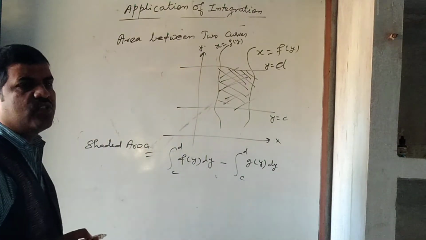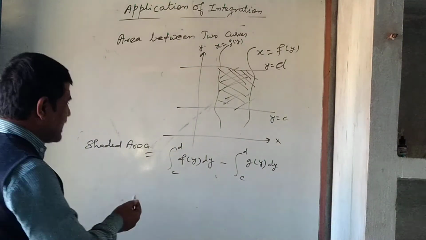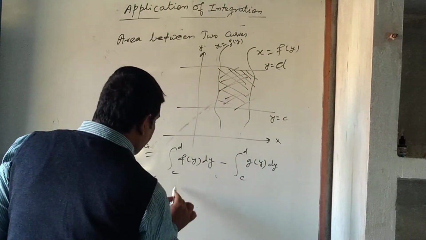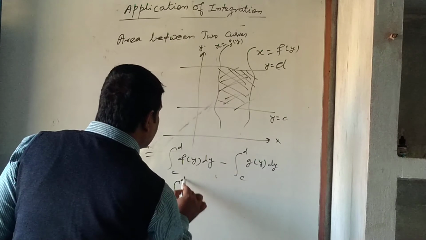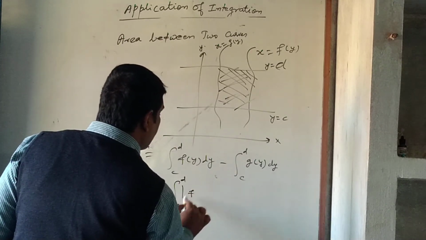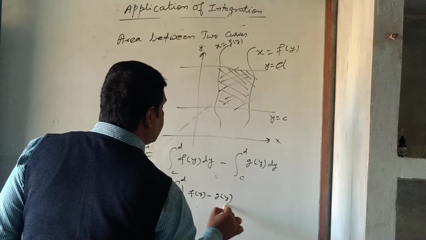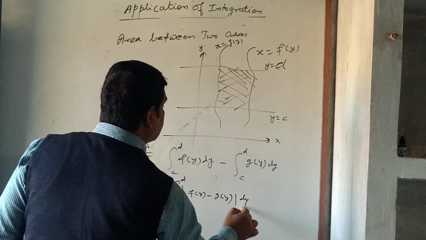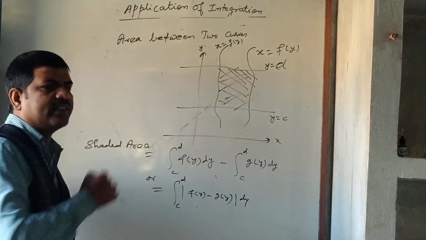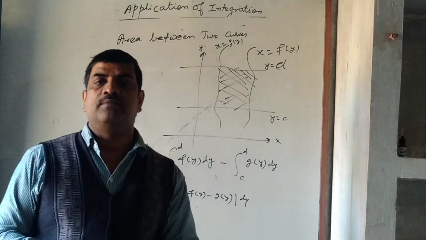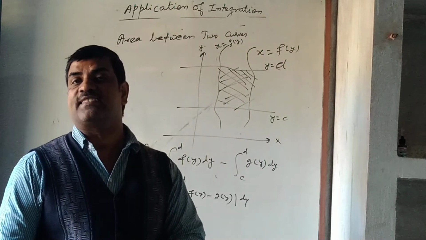If f(y) and g(y) are continuous functions or if their sign is not known, in that case the same formula can be written from c to d mod of f(y) minus g(y) dy. So using this concept, you may try to find out the area between the curves and the axis.